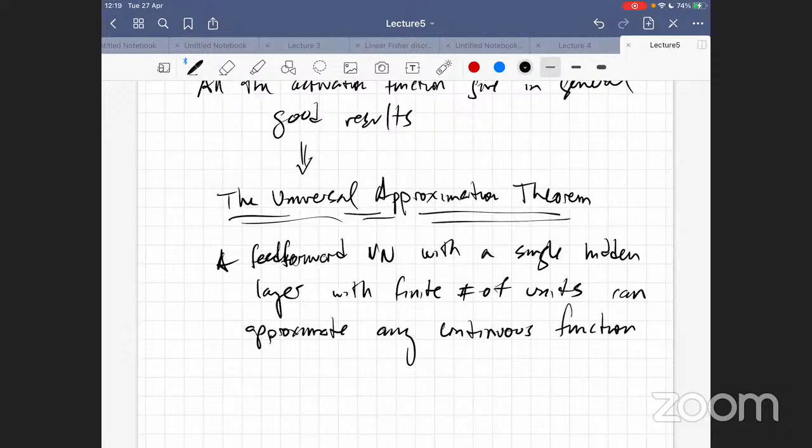Okay, so a nice function, not a nasty one, but any continuous function, even though it is wiggly or whatever, but it has to be differentiable, etc. Under my assumptions of the activation function.